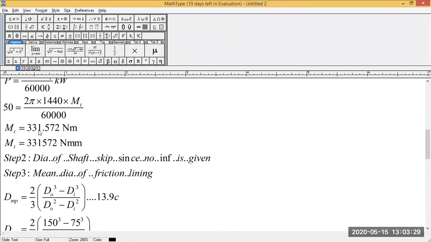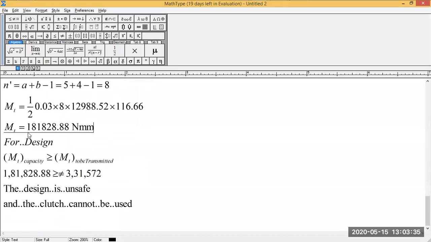What we have got in here is not sufficient. The number of given friction surfaces is not sufficient. So if you want to lower this, you need to increase the RPM, or decrease the power transmitted, or increase the number of contact surfaces. That is the remedy which you can give if you are designing this. If it is unsafe, how do you make it safe? Increase the number of contact surfaces, and there are two other remedies you can suggest. Right? So for now, this will be enough, I guess, for a 10 marks problem. That's all you need to do.